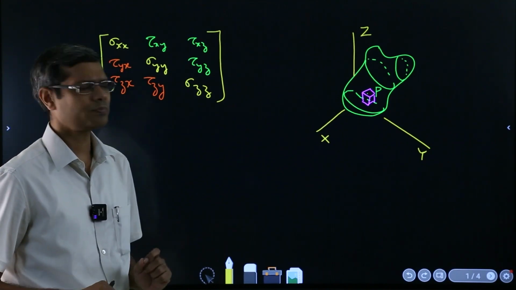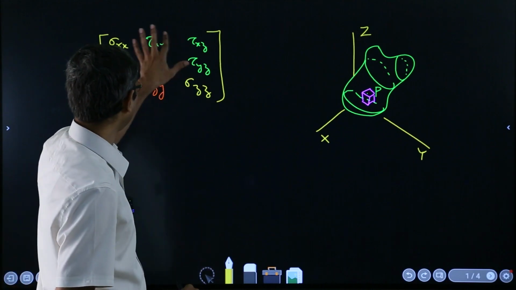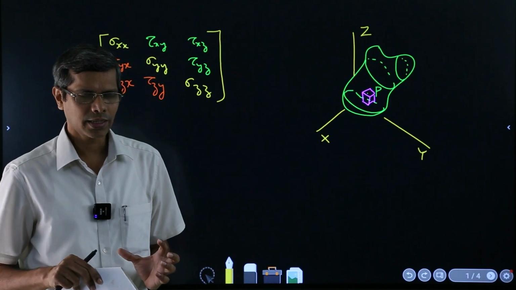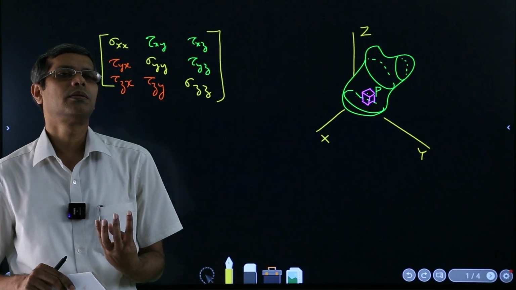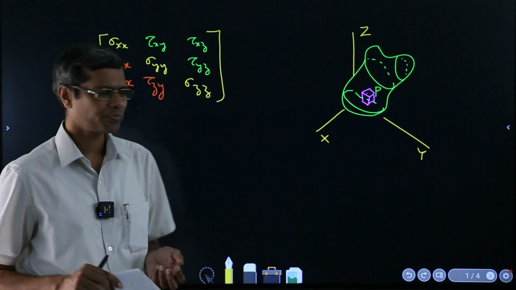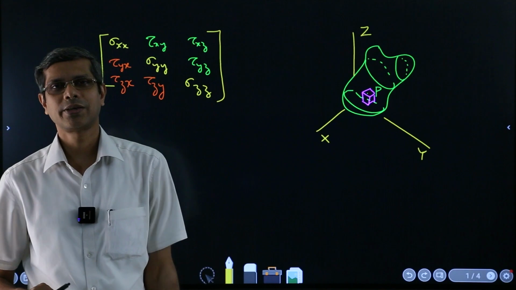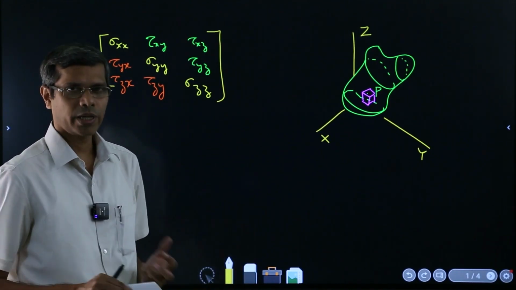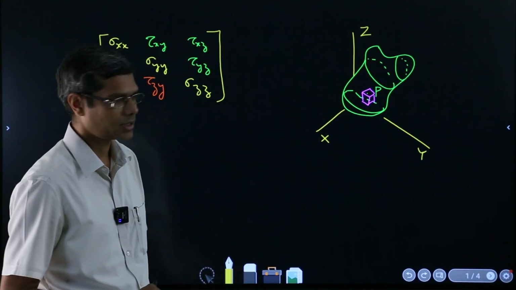So what it means is these numbers will keep on changing based on the coordinate system, and we will have to see in which coordinate system some value is going to its maximum, some value is going to its minimum, and whether those maximum and minimum values are safe or unsafe.